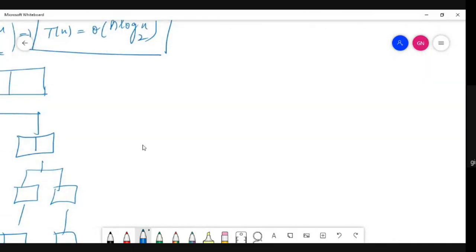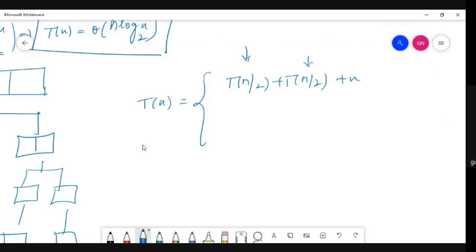Observe, as we have seen here also, T(n) will be equal to T(n by 2) plus T(n by 2) plus n. This T(n by 2) is to divide the left part of the array, and this is to divide the right part of the array. But here this n stands for dividing n elements in an array. Observe carefully, guys.